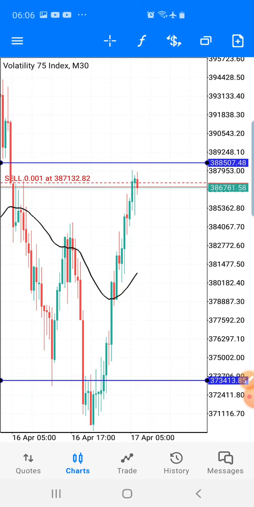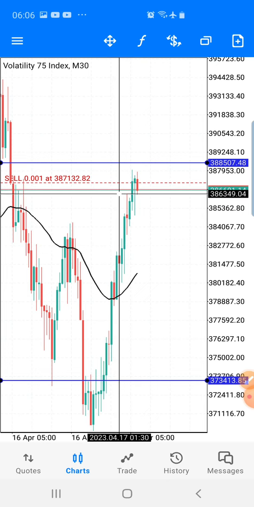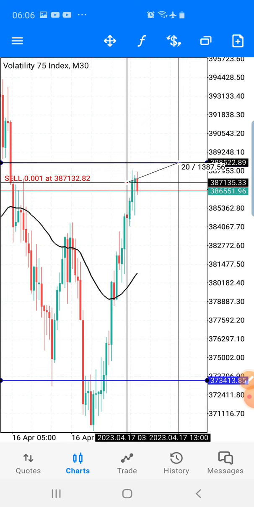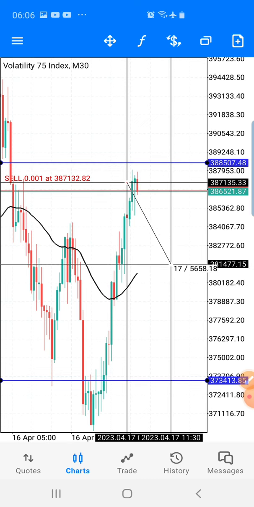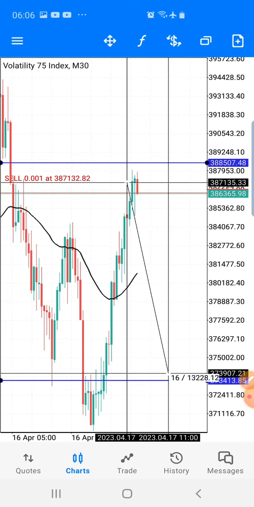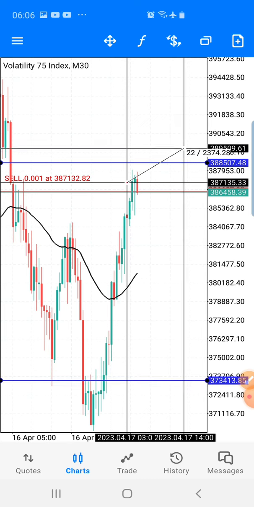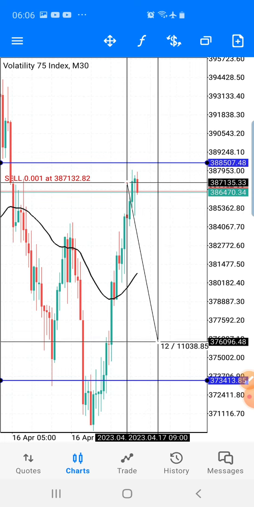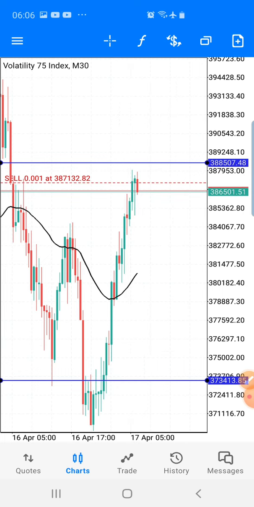So if you check this, this is close to a 1:7 risk reward ratio. If you check the pips, you will see we have 1,000 something. So this is even 13,000, and this is 1,000. This is about 1:13 risk reward.